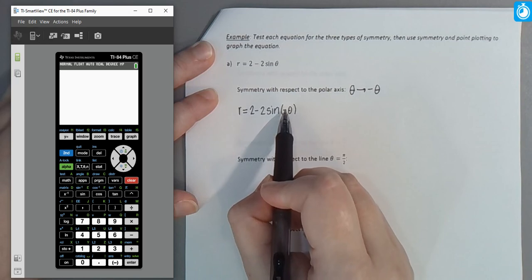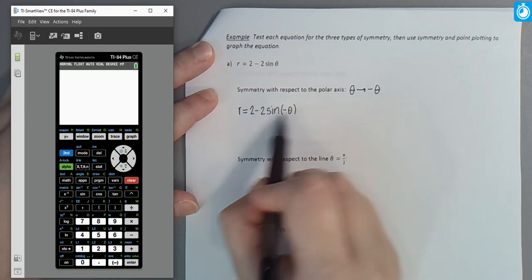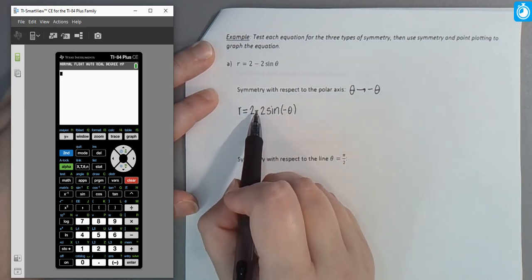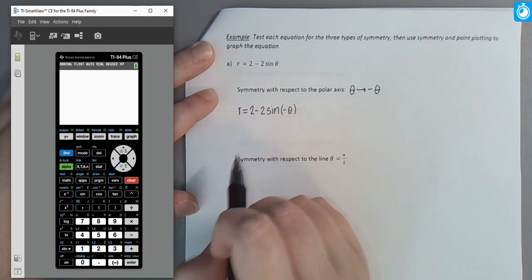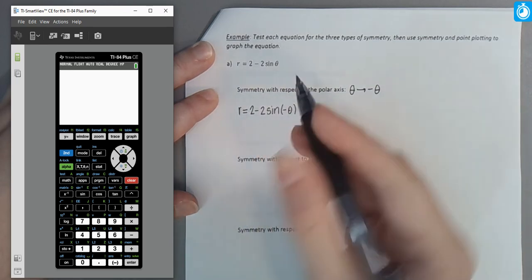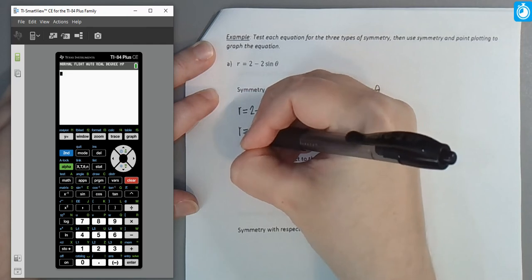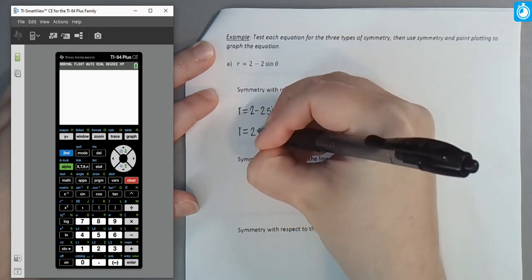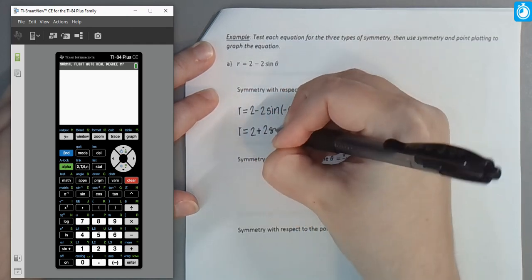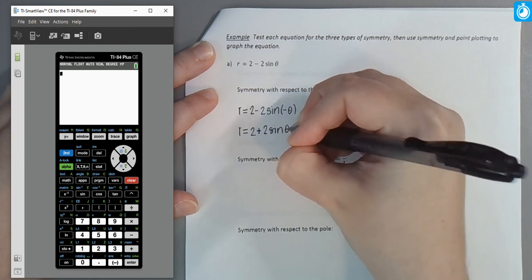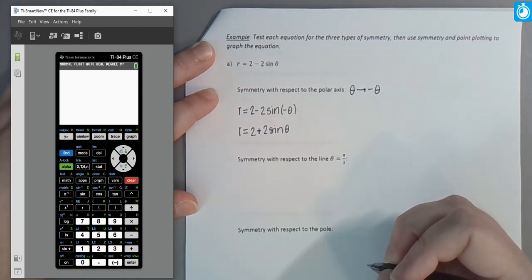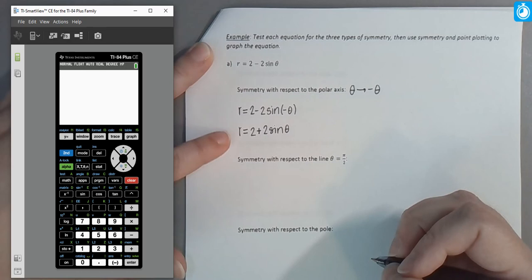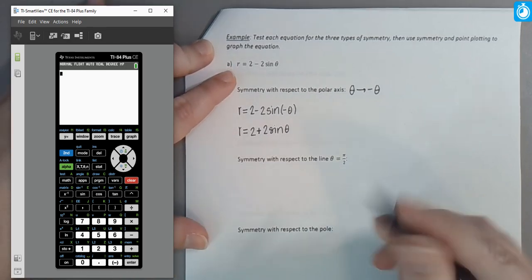So this negative will now become a part of this term, which means this negative sign here will combine with this negative when we apply that odd rule. And so we'll have r is equal to 2 plus, it switches the sign, plus 2 times the sine of theta.